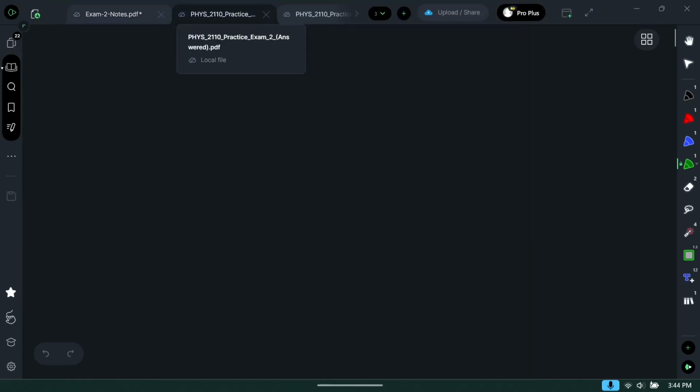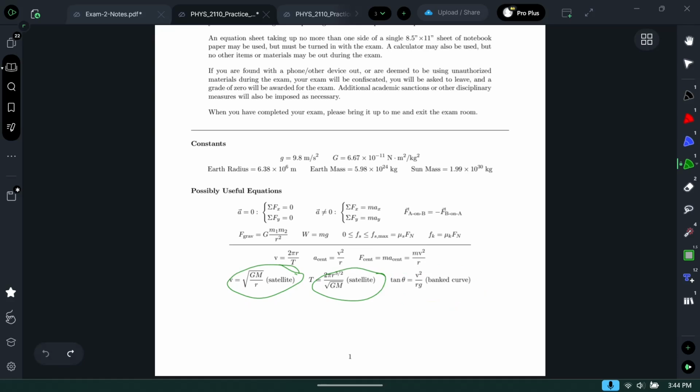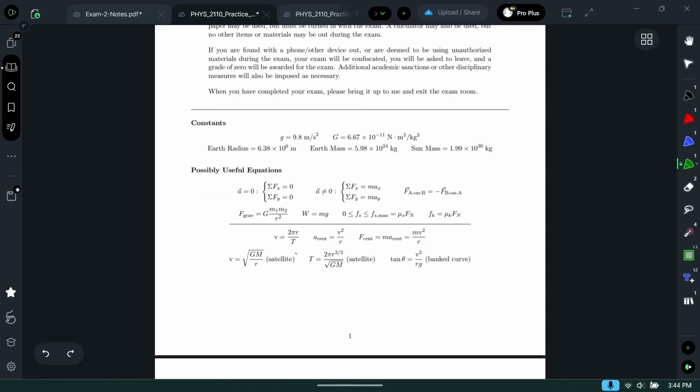Like if we go to the practice exam, this is for satellites. This is for satellites. This is for a banked curve. So just use your equation sheet if you're not sure. It looks like there's not a lot here, but this is actually all you need for the two chapters.